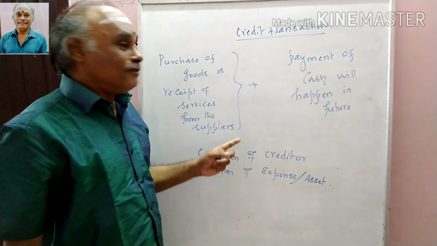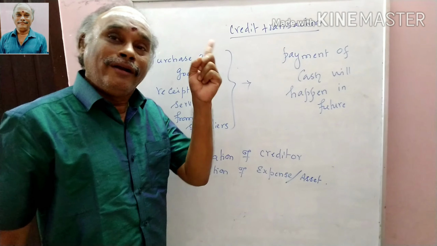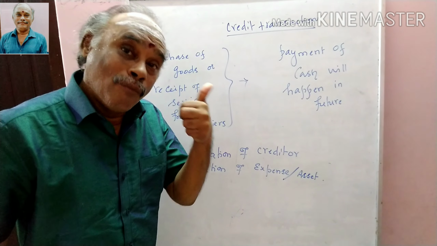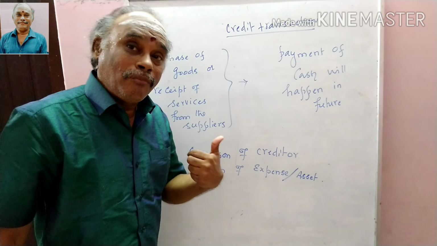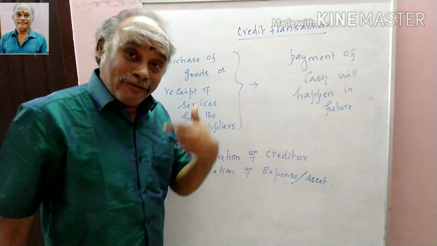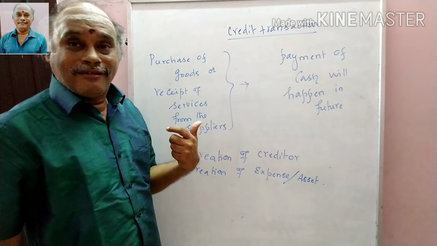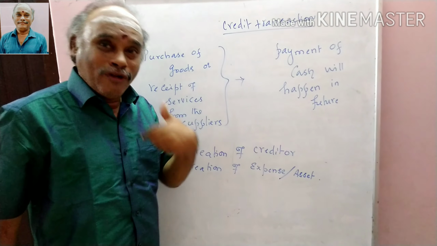Please understand. So credit transaction 1, sale of goods or rendering of services, has more risk involved, the reason being the receipt of money will happen only on a later date. At the same time, purchase of goods or receiving of service from the suppliers, and again the onus is on us.